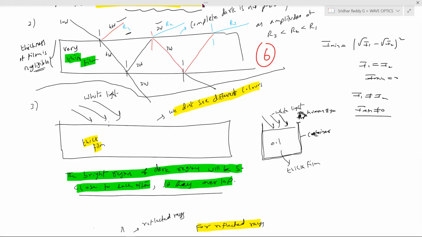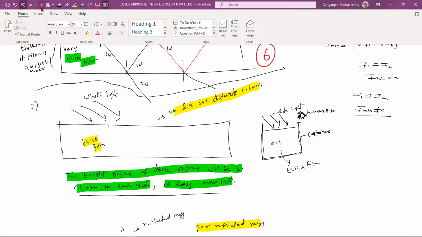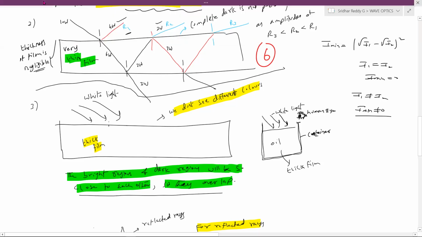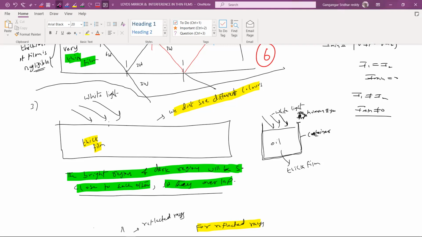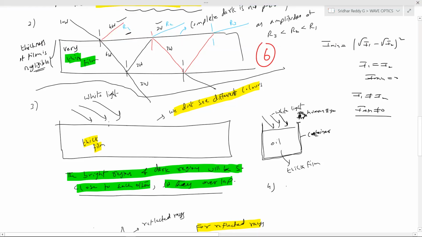Now the fourth condition is what? One more condition, let me introduce. The fourth condition is that the source of light must be broad.